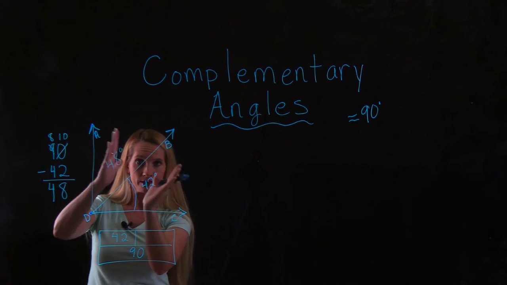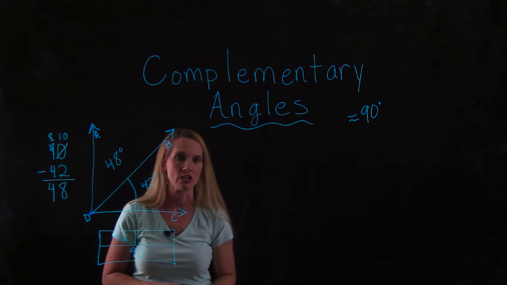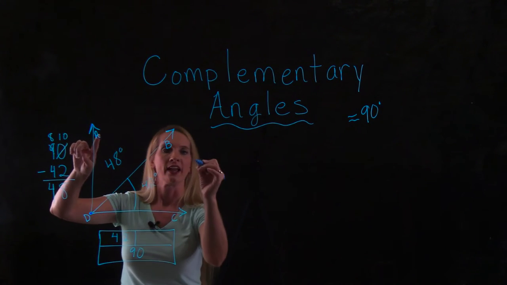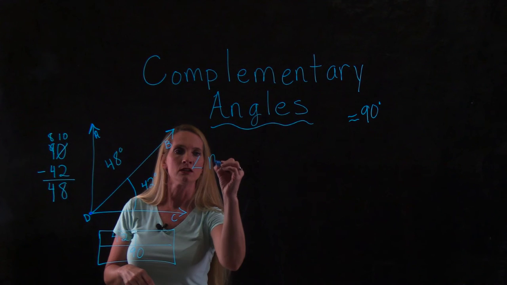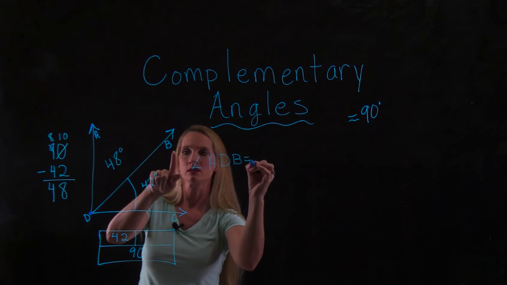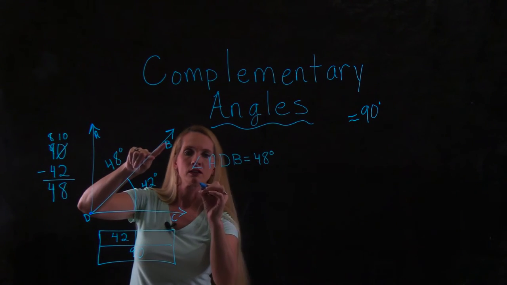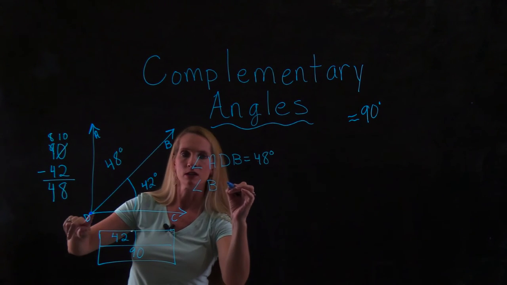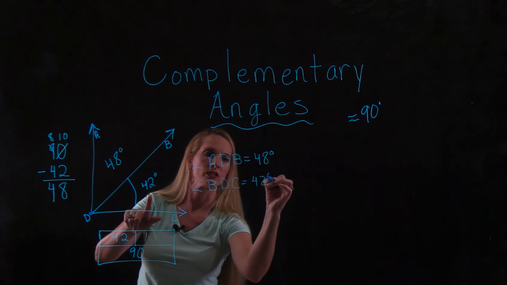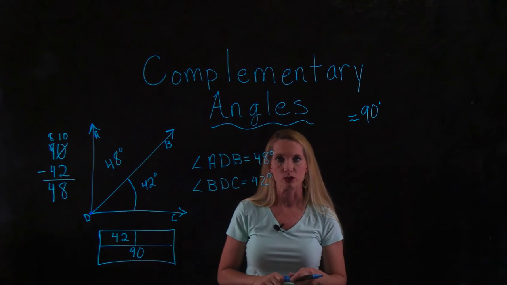And again, if I added the two numbers together, I would know that to make complementary angles, they have to equal 90 degrees. So I could say that angle ADB is equal to 48 degrees, and angle BDC is equal to 42 degrees, meaning that both of them add together to make a 90-degree angle.